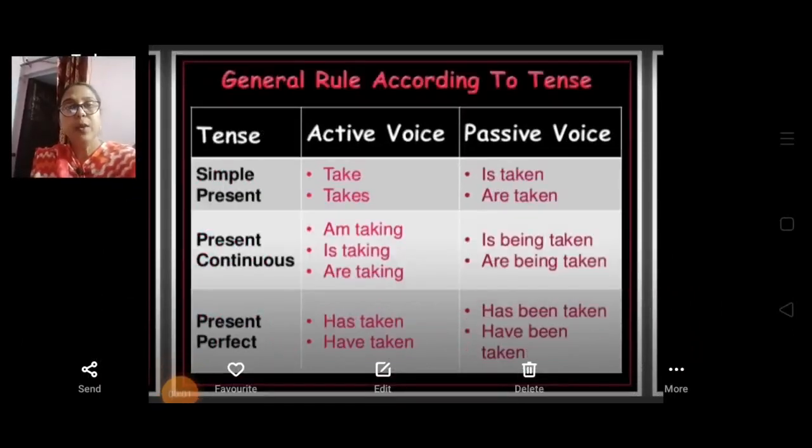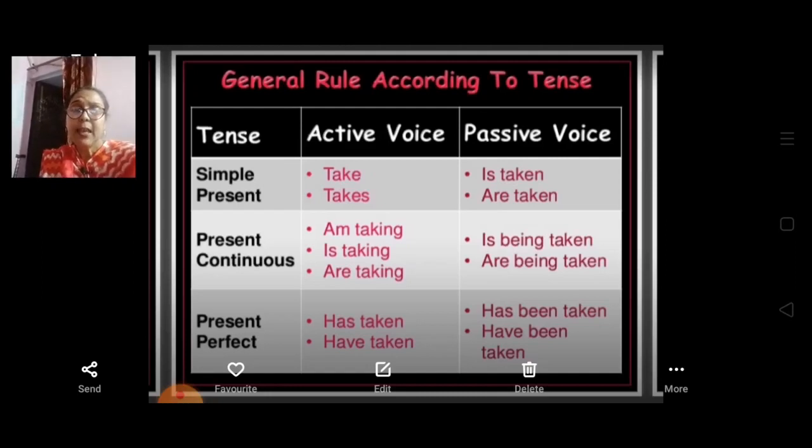Now I am going to tell you the general rule according to the tense. How to make passive voice if the active voice is written in the present tense? Always remember that we are supposed to use the past participle of the verb.